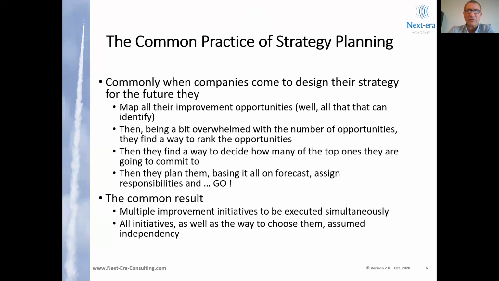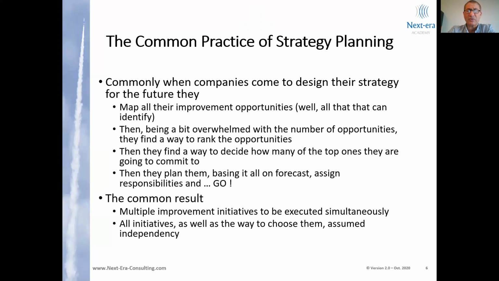Most ranking methods are qualitative, although sometimes they give a false feeling that they are quantitative. When we have the list ranked, we have to decide from the top how many we can take upon ourselves as a commitment and how many will be delayed for a future period.